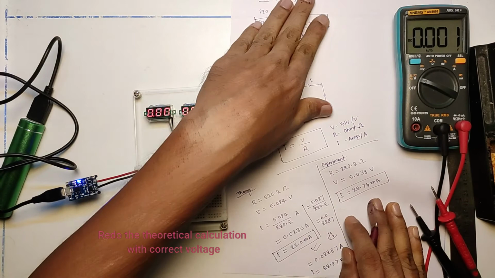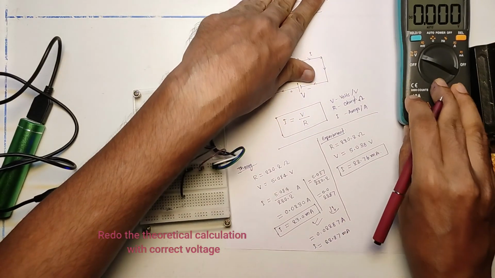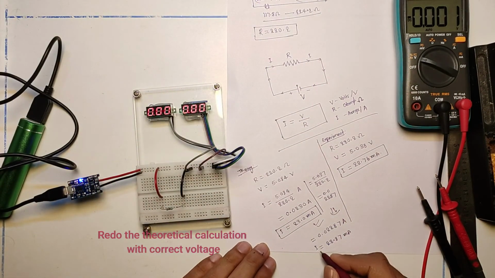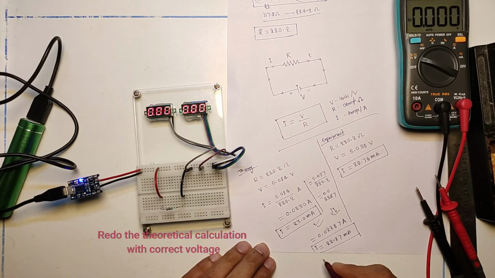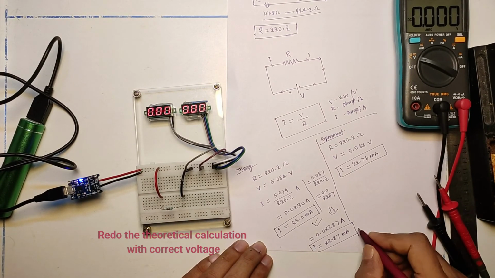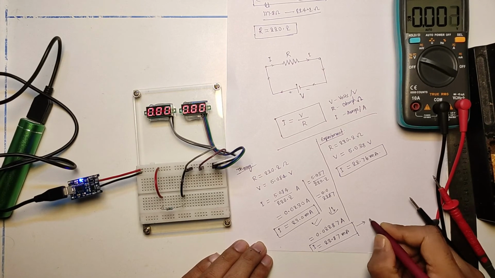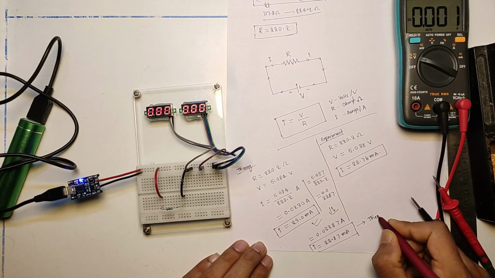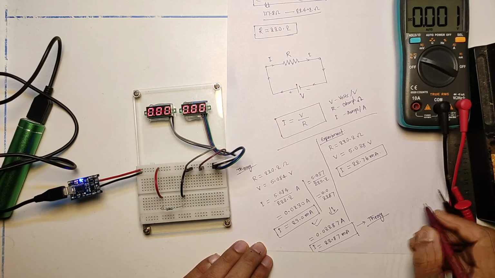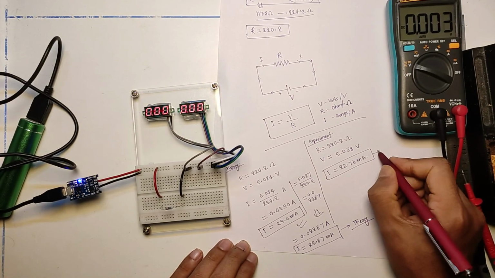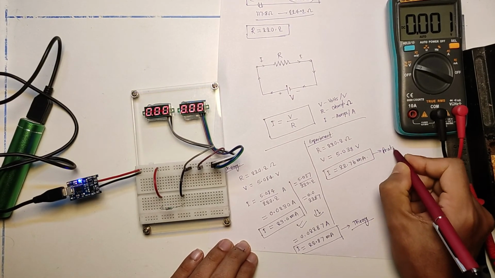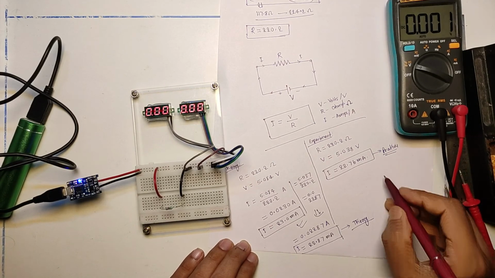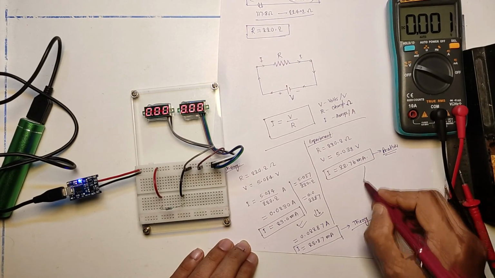Are you able to see? If not, I will move it little up. Okay. So how much your theory is saying? This is theoretical. And this is practical. Now you tell me whether these both are matching.